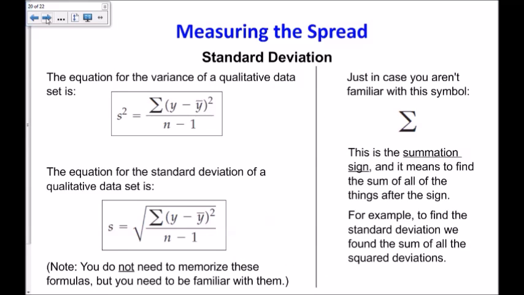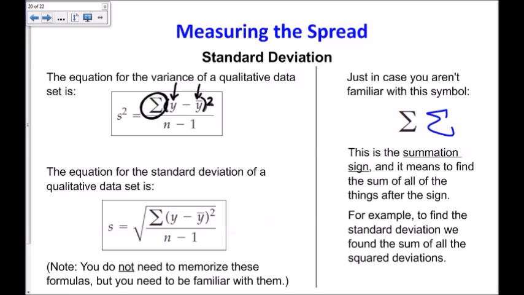So here are the formulas for the variance and for the standard deviation. In case you're not familiar with this symbol, it is the summation sign, and it means to find the sum of all the things after the sign. So for the variance, we took each data point, subtracted the mean, and found that difference, or that deviation, squared, and then we added up all those squared deviations and then divided by n minus 1.